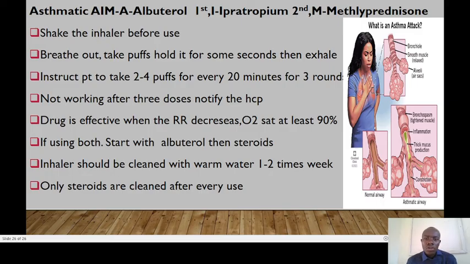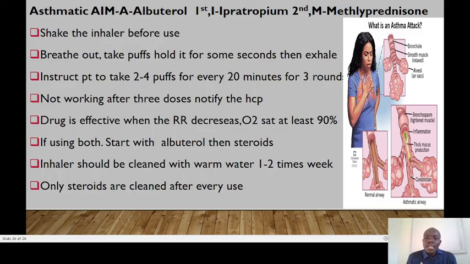Remember, when you are using an inhaler, you have to shake the inhaler well before you use it, and then you breathe out, then take the puffs, hold it for some seconds, then exhale. You have to instruct the patient to take 2 to 4 puffs every 20 minutes for around 3 rounds. If not working after the 3 dosages, you have to inform the healthcare provider.